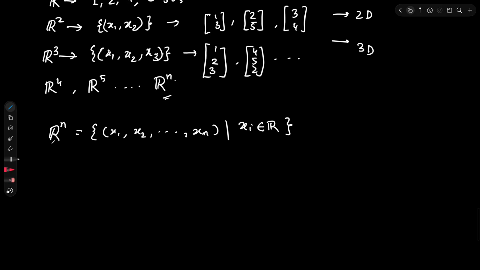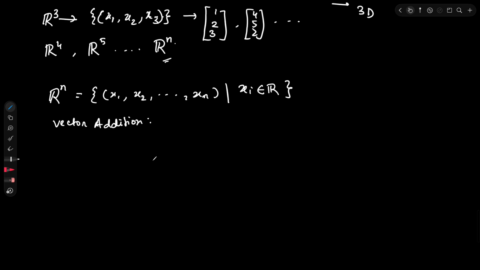So if we do a vector addition here, we can take x1, x2, dot dot dot, xn plus another vector, y1, y2, dot dot dot, yn.